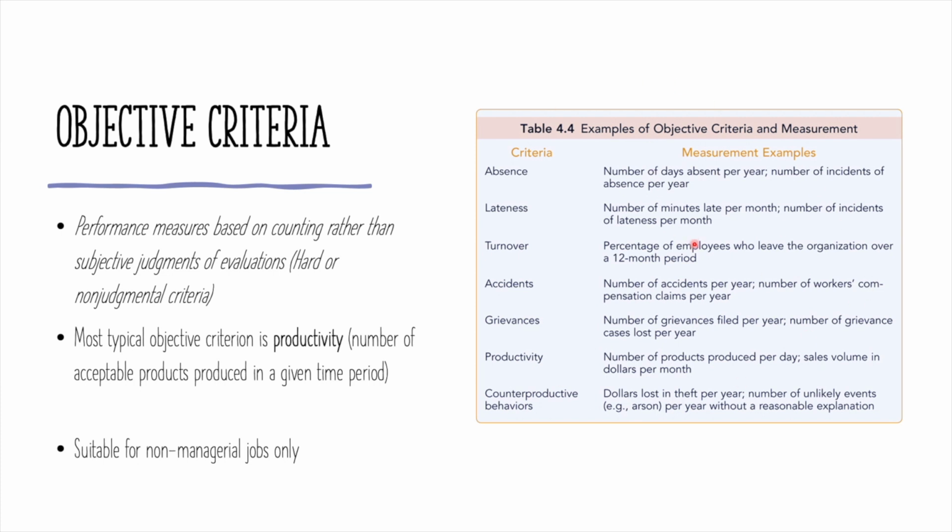So like anything that doesn't require some sort of human judgment would be considered objective criteria. Now, if you want to get really deep about it, like what is late, we could have a debate on that, but just don't go down that rabbit hole.